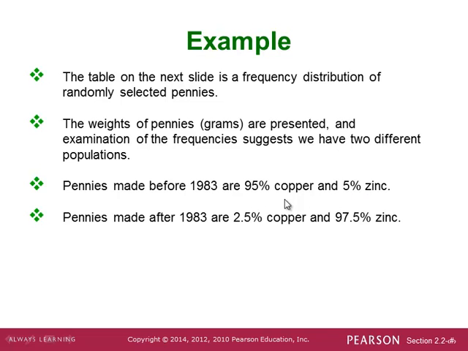They have more copper content. I happen to know a couple of individuals who are collecting pennies made before 1983 because they're supposedly more valuable. And pennies made after 1983 are 2.5% copper and 97.5% zinc.